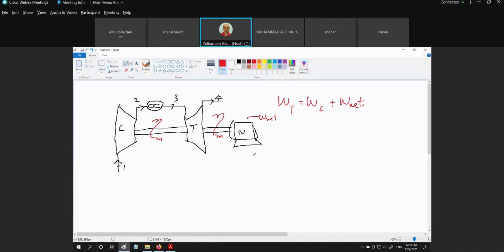Okay. Remember our efficiency. What is the definition of efficiency? Desired output divided by required input. Who is the required input?